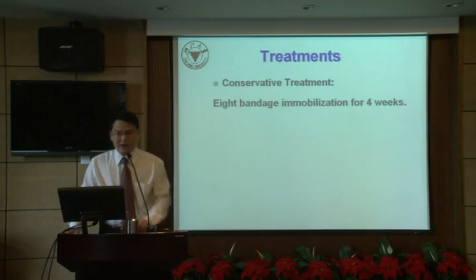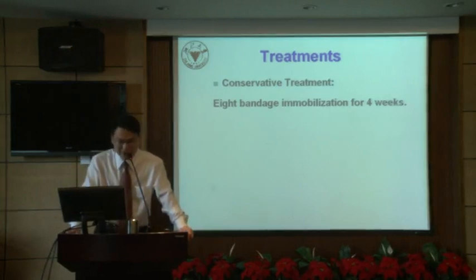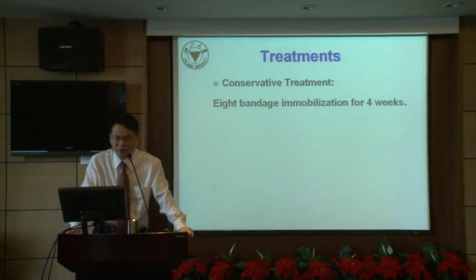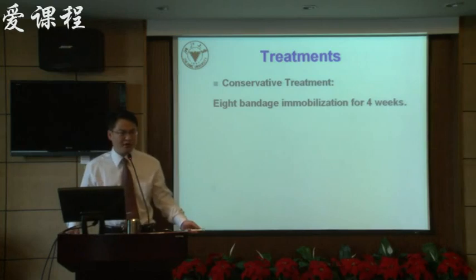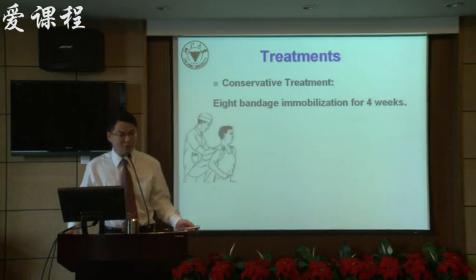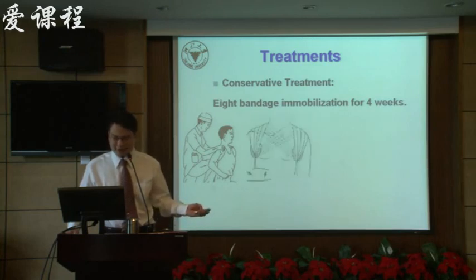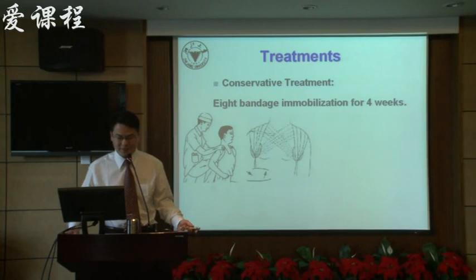For the treatment of clavicle fractures, firstly we will try conservative treatment, although this is not so commonly used in real life. We can use 8 bandage to immobilize the hurt shoulder for about 4 weeks. This is the maneuver used to reduce the dislocated clavicle fracture, and then immobilize both of the shoulders in this way.